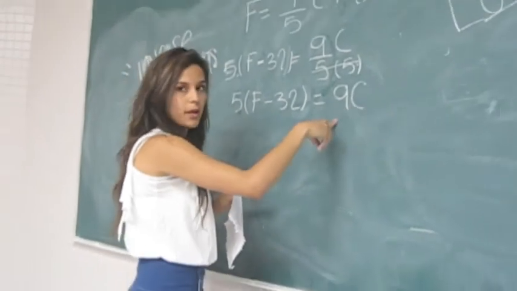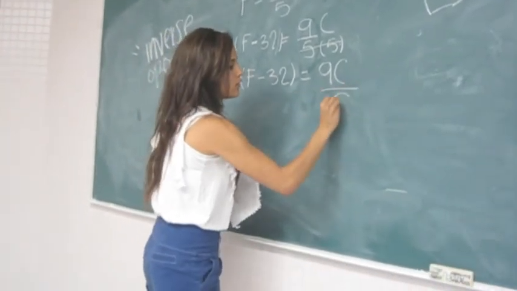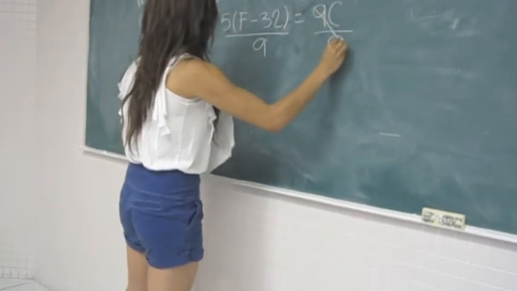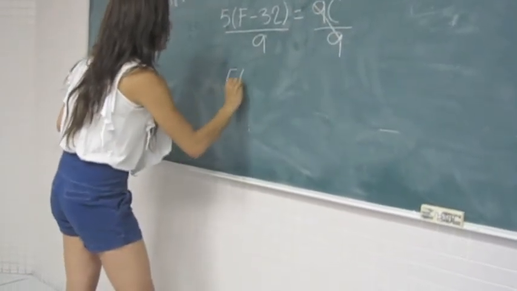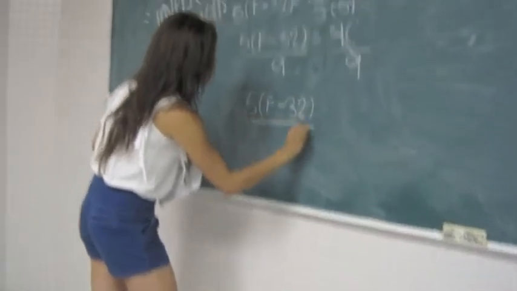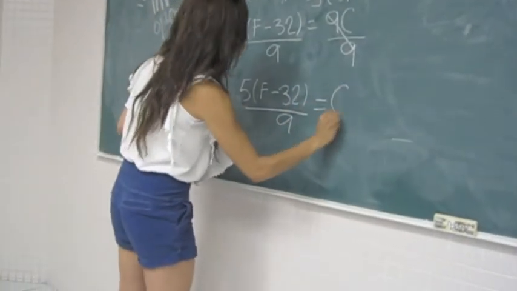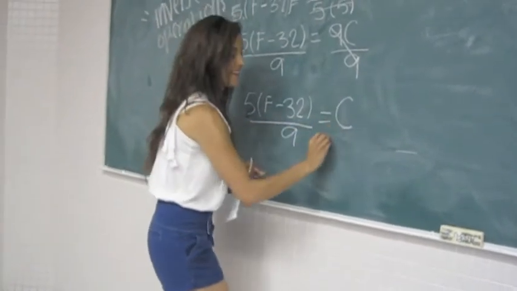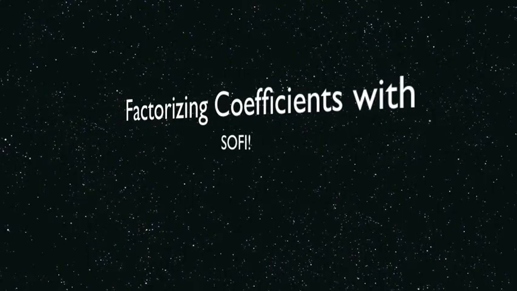So here is multiplying, then we need to do it dividing. We cancel and then the final answer will be this one, and we leave the C alone.